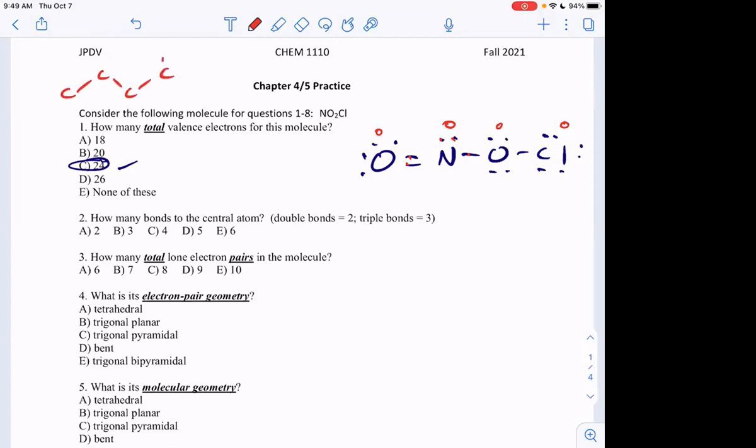This is butane. And that jaggedness kind of reduces the repulsions, and this is stable, but branching would make this more.